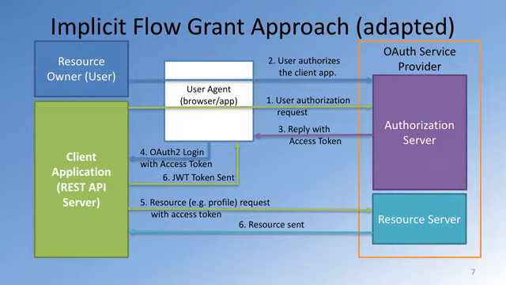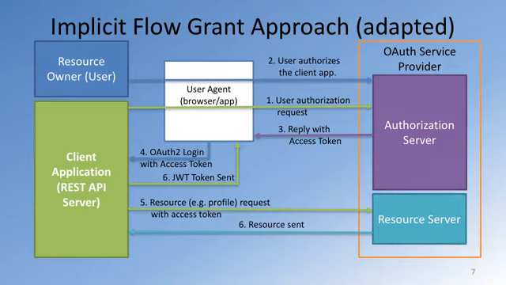The client application, which is the REST API server, the Express server that we have implemented, is the client application in this case, and the resource owner is the user, your front-end user that is going to authorize you to go to Facebook to verify that user's credential.